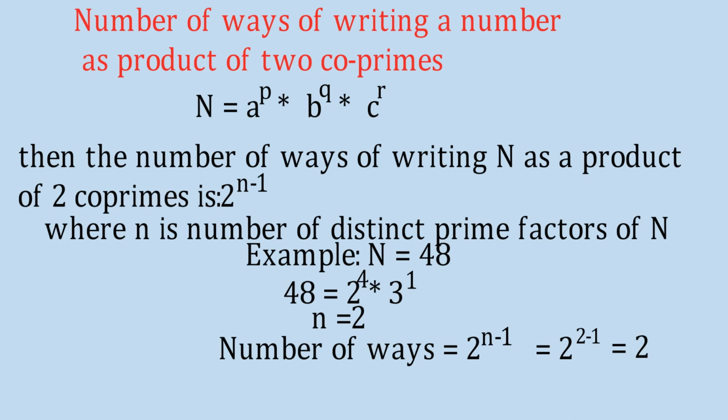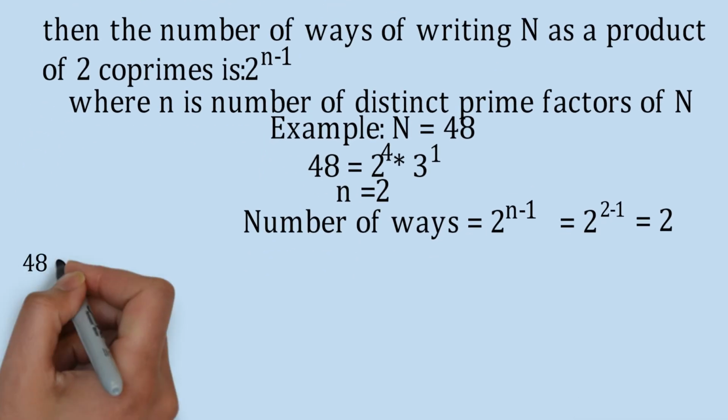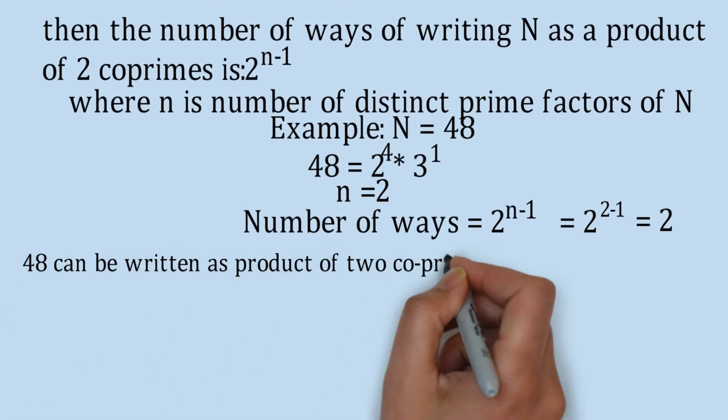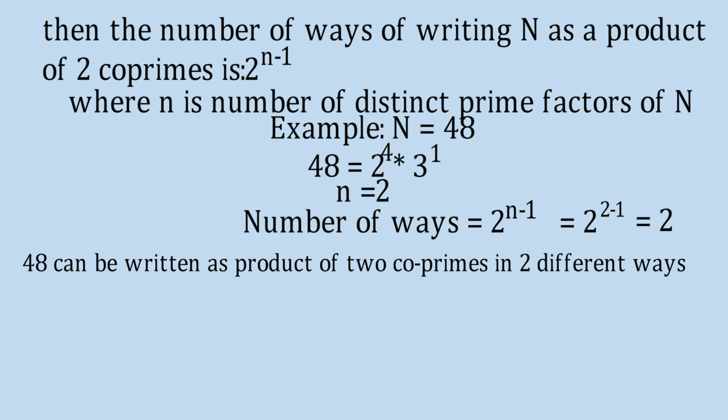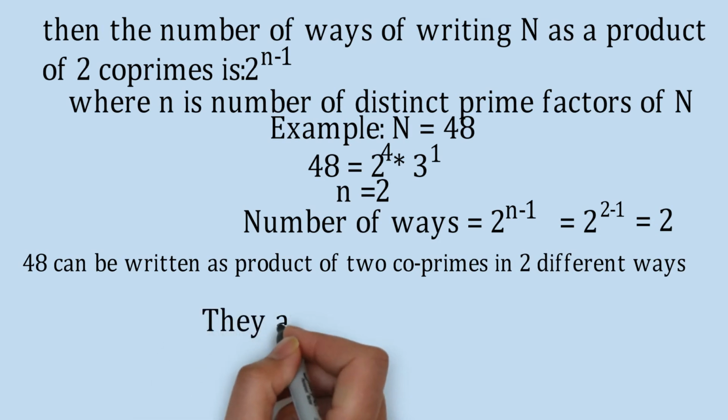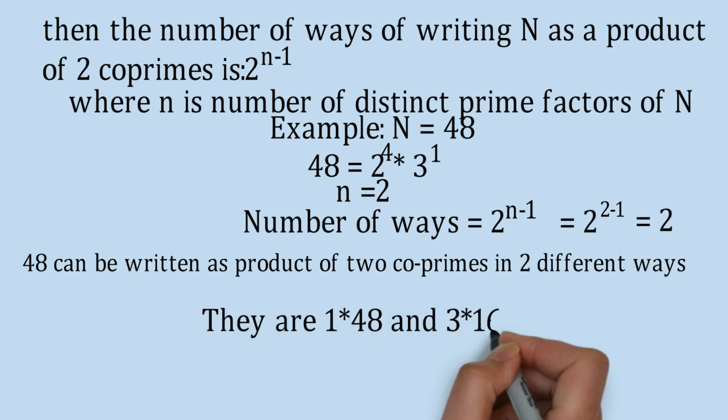So there are two ways of writing 48 as a product of two coprimes. And what are these ways? Just for your better understanding, 48 can be written as 1 into 48 and 3 into 16. These are the only two ways where it can be written as a product of two coprimes.